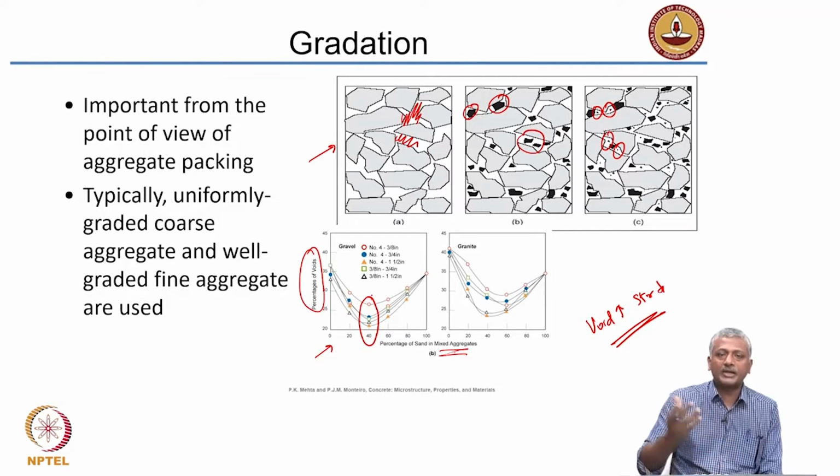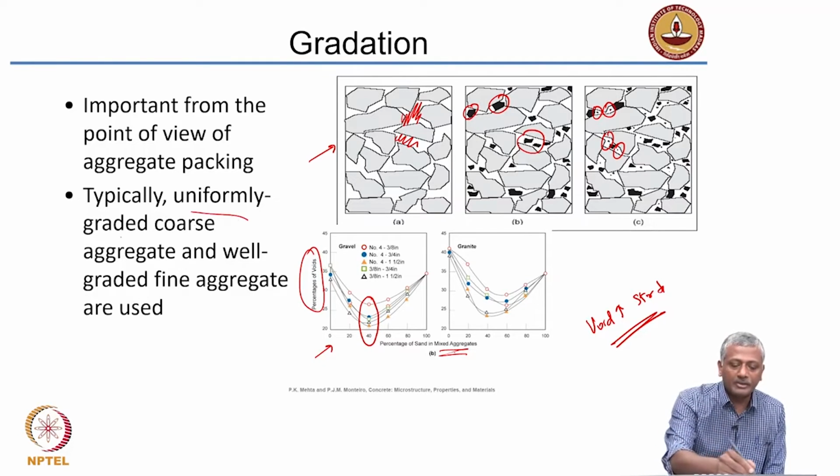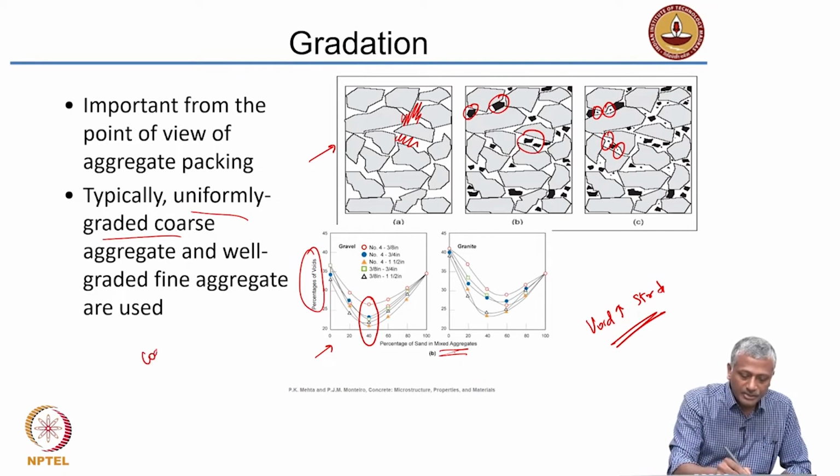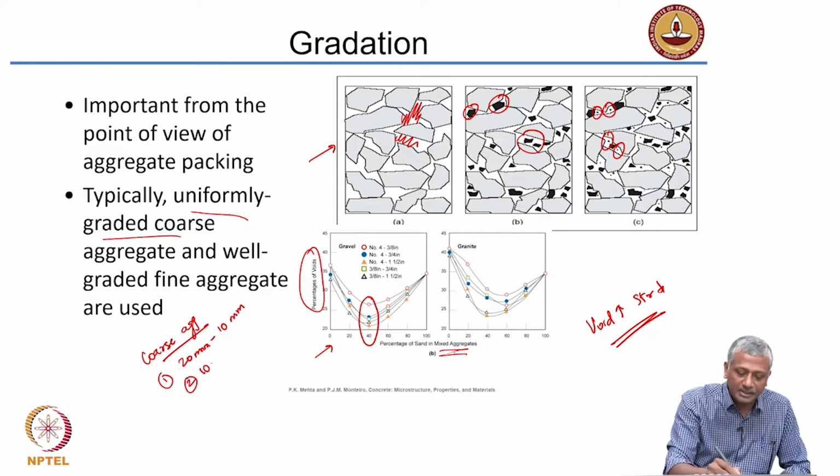Generally, what happens is when you get the coarse aggregate, it is uniformly graded. That means it will have a narrow range of particle sizes. So, coarse aggregates typically that we use in concrete are first 20 mm to 10 mm, and the second size is typically 10 mm to 4.75 mm. Sand, on the other hand, or fine aggregate, is well graded.